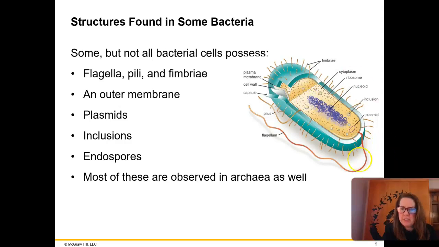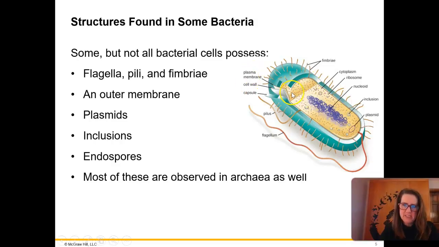We see inclusions, which look like a little bubble, like maybe from a bubble bath. There we go. Inclusions can have waste products in them, but they also can have gas, so it can help the bacterium be buoyant. So raising up in a fluid of water where they need more oxygen, or lowering down if they don't like sunlight, or if they do some other kind of metabolism.